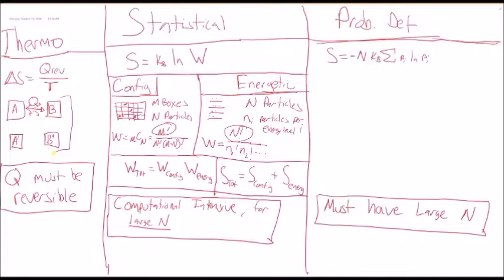If you have a system where you can catalog the position of a particle at any point, which is the configurational entropy, or you're given the energy levels of all the particles, and you do not have a large number of N, it's easy to calculate. The statistical definition is a good option. If, however, you have a very large number of N, but you can still calculate the probability p sub i for every energy level, you can use the probabilistic definition.